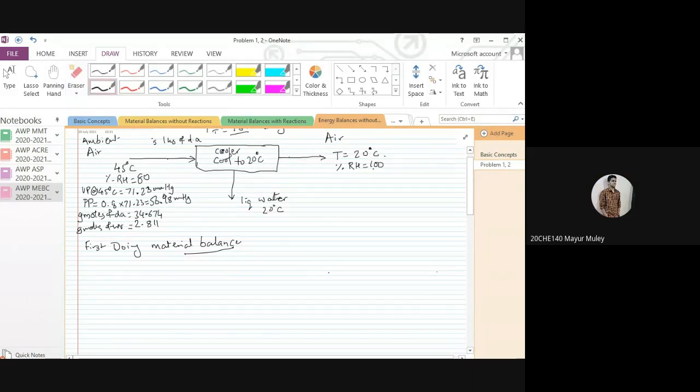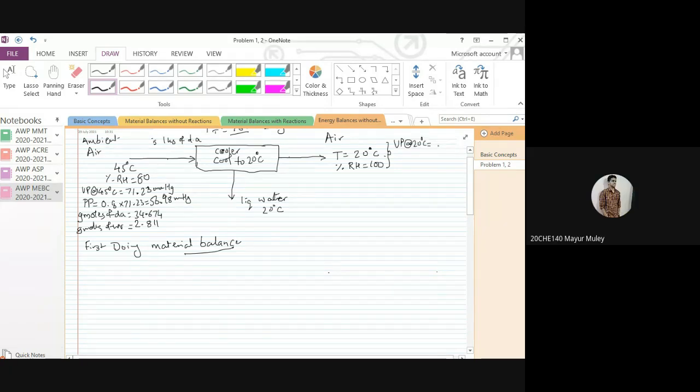Sir, then we are cooling this air to 20 degrees Celsius. But we don't know; some of that water vapor is converted into liquid water and the remaining stays in the vapor form itself. Correct. So I calculated again the vapor pressure at 20 degrees Celsius. How much is the partial pressure?